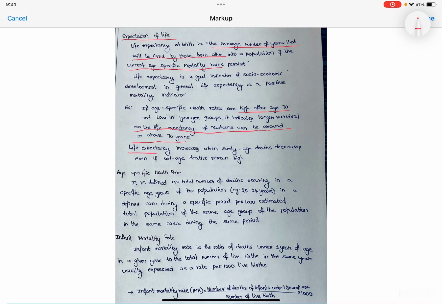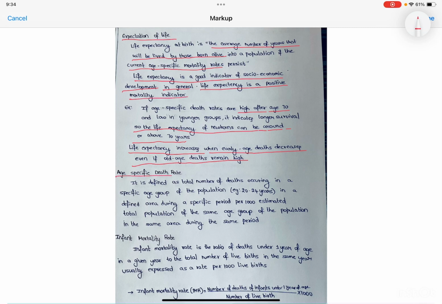So the life expectancy increases when early age death decreases, even if old age deaths remain high. Life expectancy is a good indicator of socio-economic development. In general, life expectancy is a positive mortality indicator.